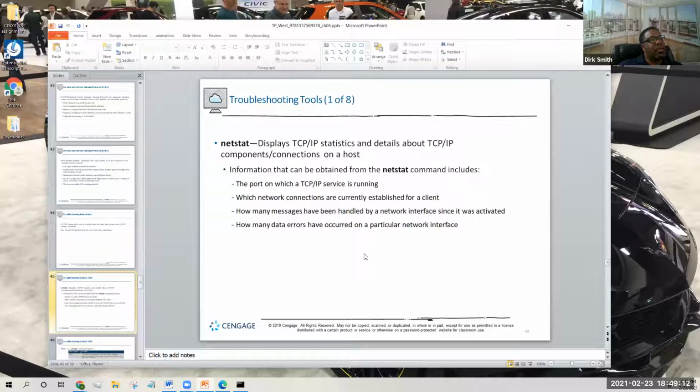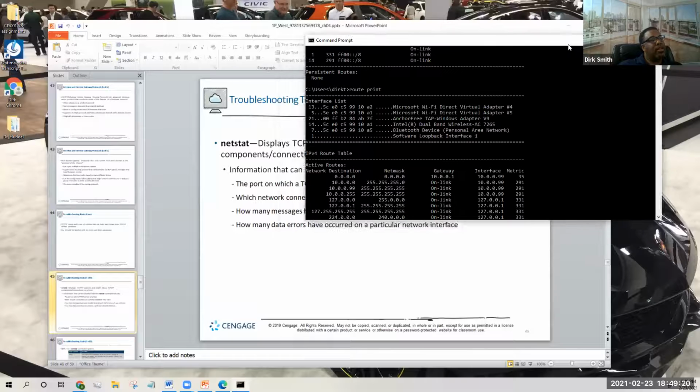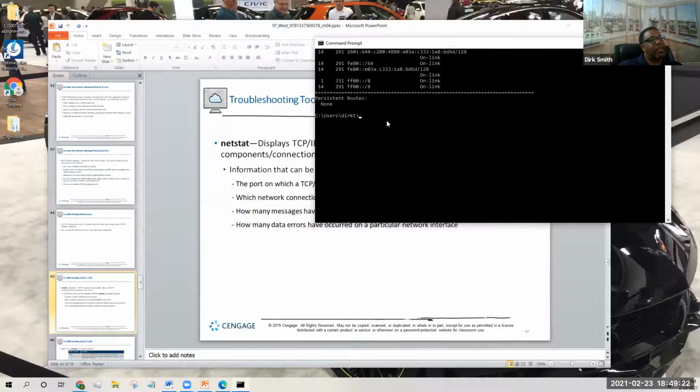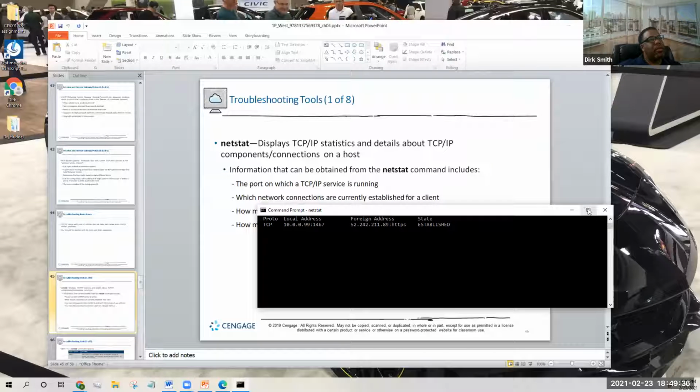And you're going to get some of these commands like netstat. When you're troubleshooting, if you just type in some of these commands, hold on for a second.